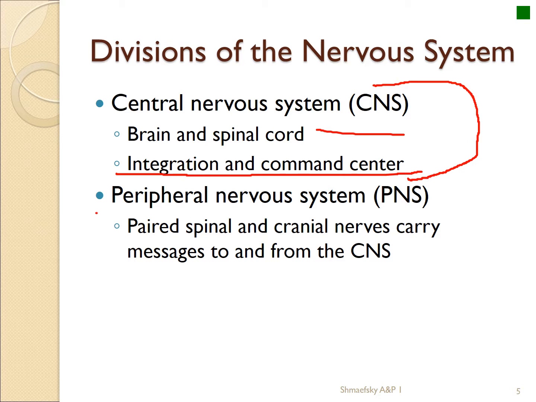And then we have the peripheral nervous system, which is made up of paired, what we call spinal and cranial nerves. So these are branches that come out of that central nervous system, either through the brain case or through the spinal cord, and their job is going to be to carry messages to and from the central nervous system.